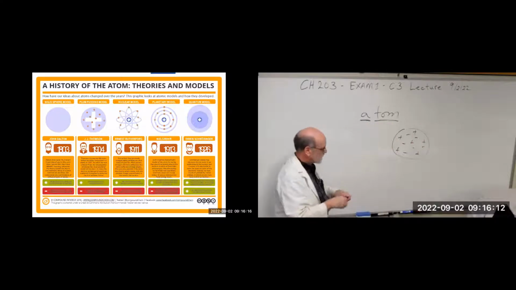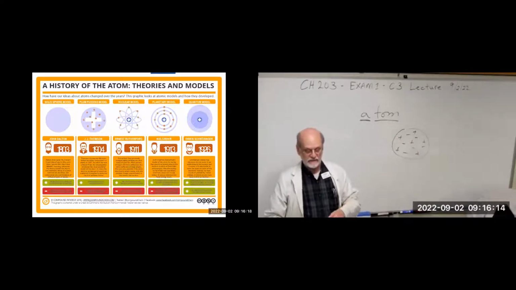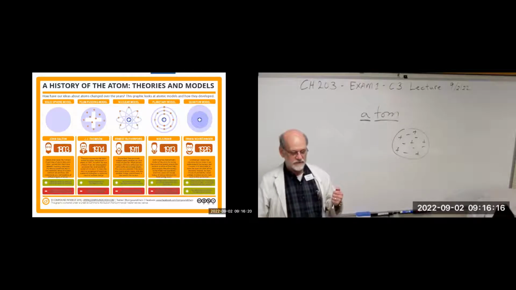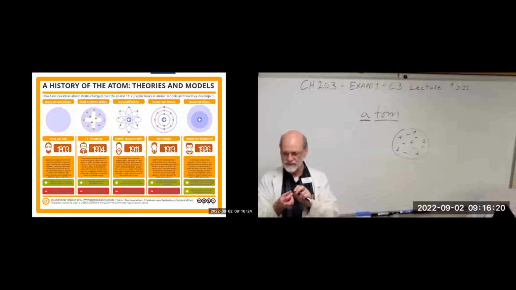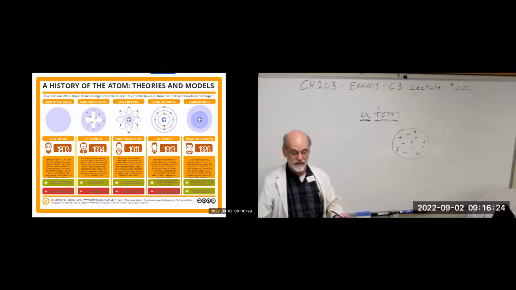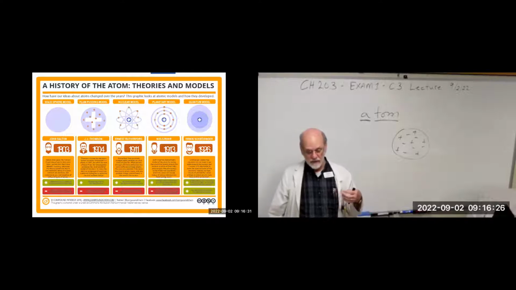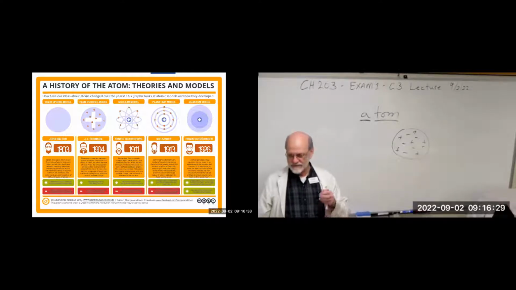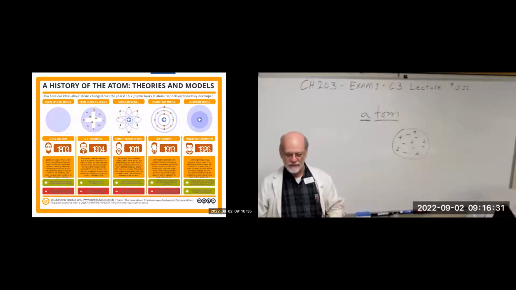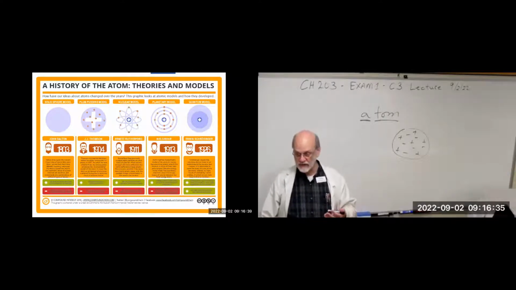Okay. So, and they call it the plum pudding model, because if you've ever had plum pudding, you've got these little bits of fruit scattered throughout. And there doesn't appear to be any structure to it. Rutherford said that it rubs him the wrong way. So he proposed another model, and he called it the nuclear model.